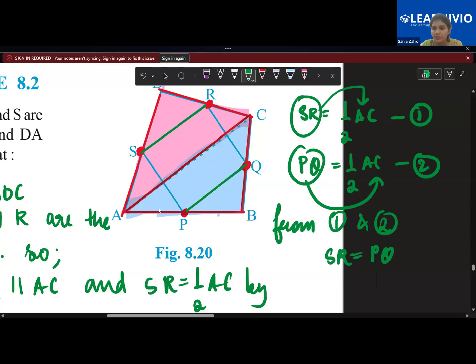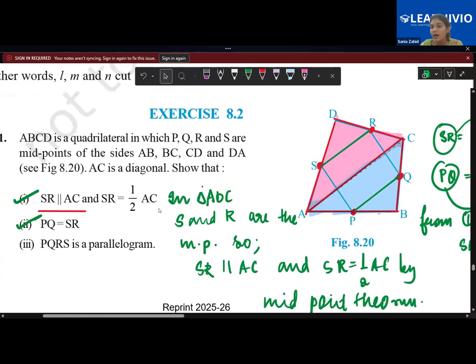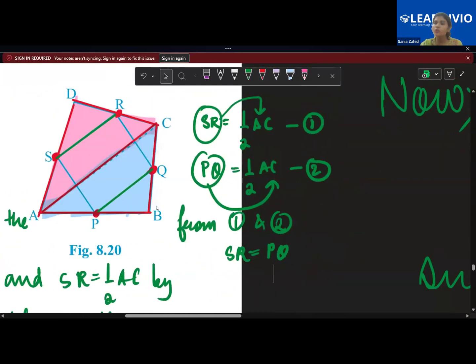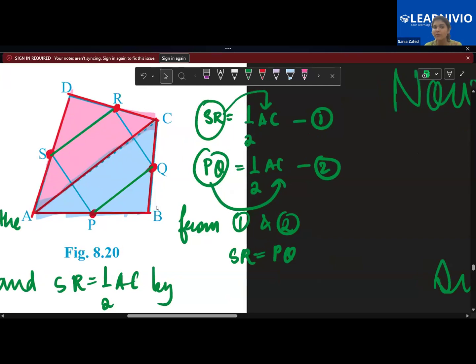Now third is PQRS is a parallelogram. See children, now you got that SR is equal to PQ and also SR is parallel to PQ. Why? Because SR is parallel to AC, PQ is parallel to AC, so SR and PQ are also parallel.